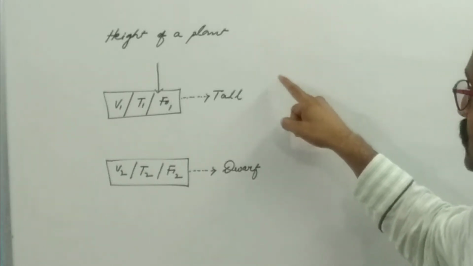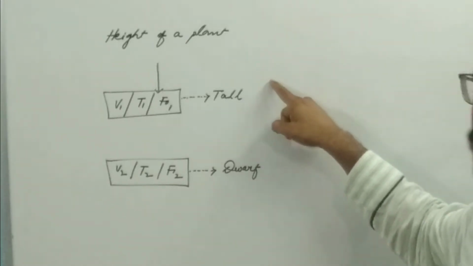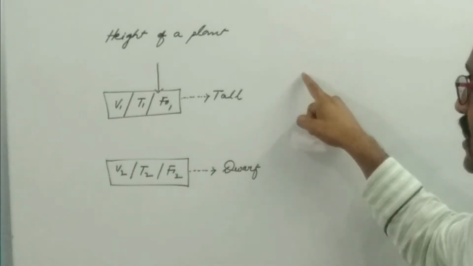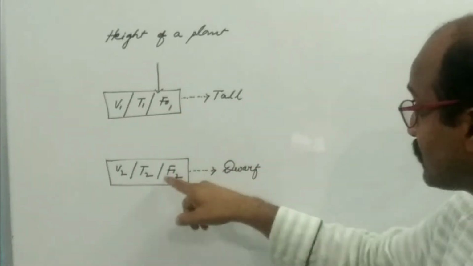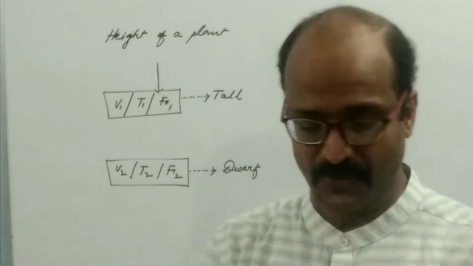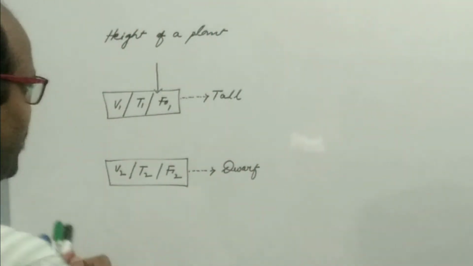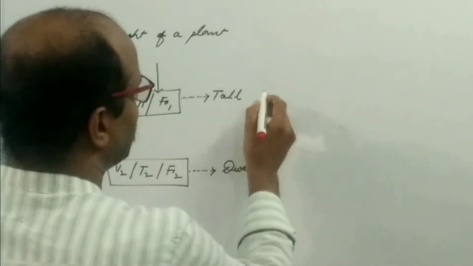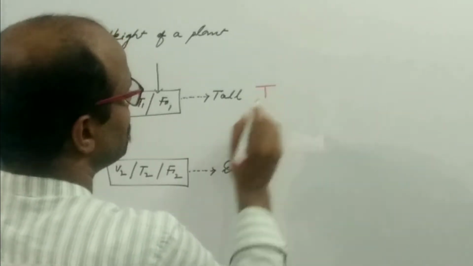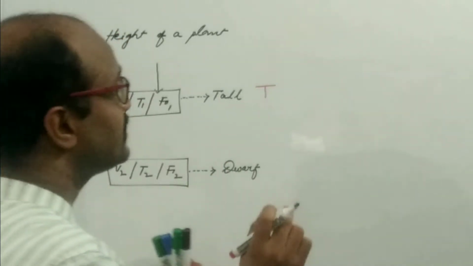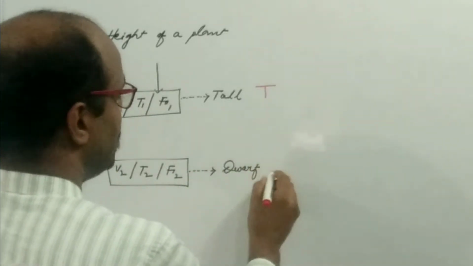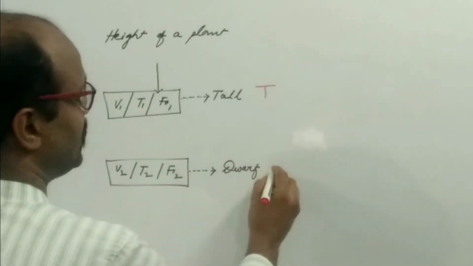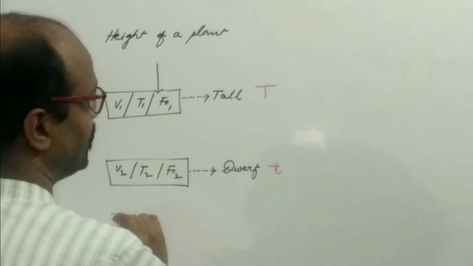That's why tallness is known as the dominant character. Here form 1 is the dominant character, and form 2 is known as the recessive character. According to Mendel, the dominant character is represented by an English capital letter, so here it is capital T, and the recessive character is represented by small t.